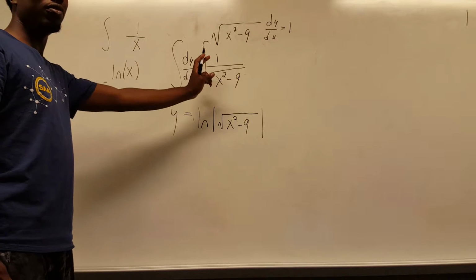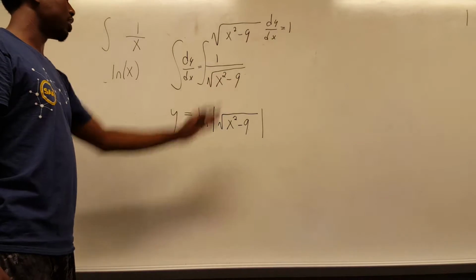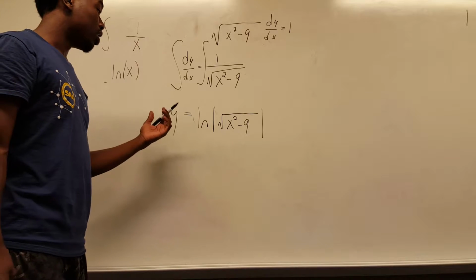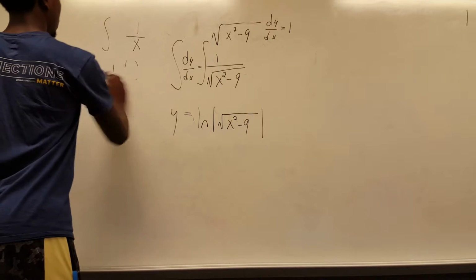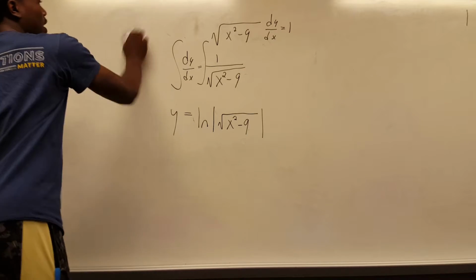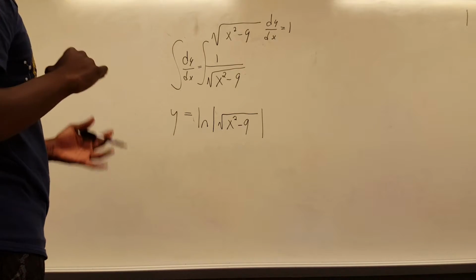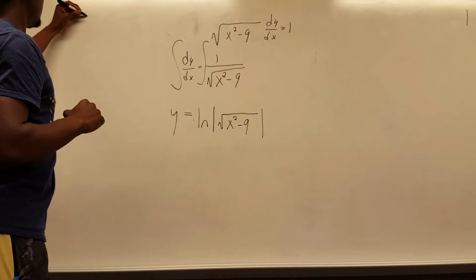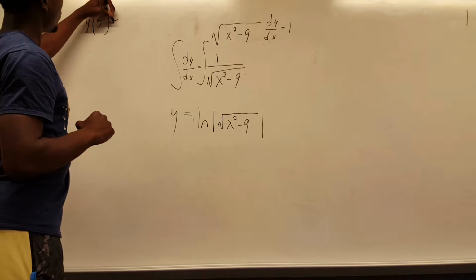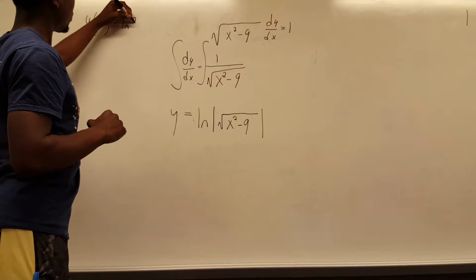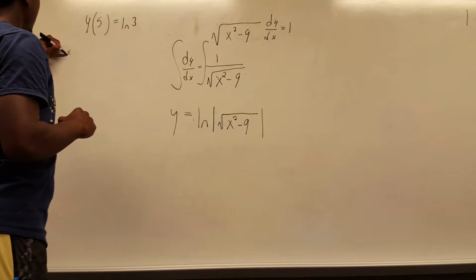The natural log of 1 divided by the square root of x squared minus 9 is basically going to be equal to the natural log of the square root of x squared minus 9. That's how I got to that. Now, at the beginning of this problem, we're also given the initial condition that y of 5 is going to be equal to the natural log of 3, whenever x is greater than 3.